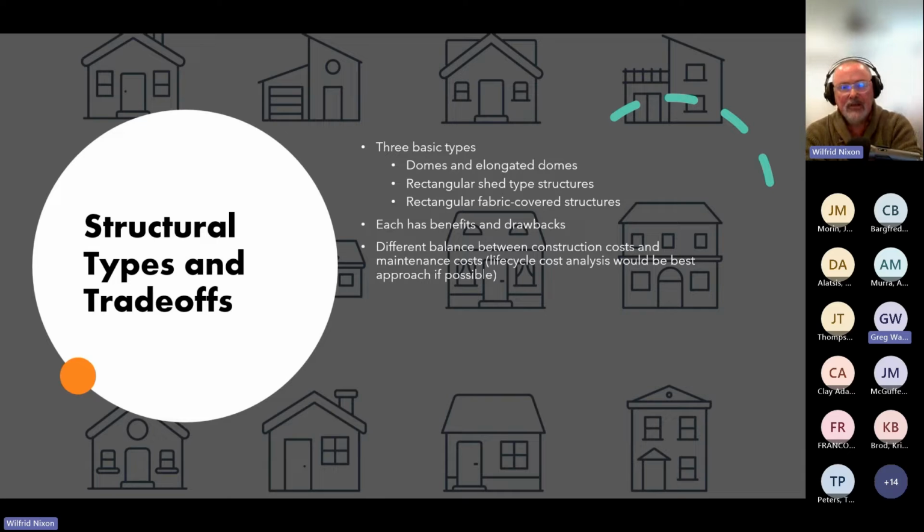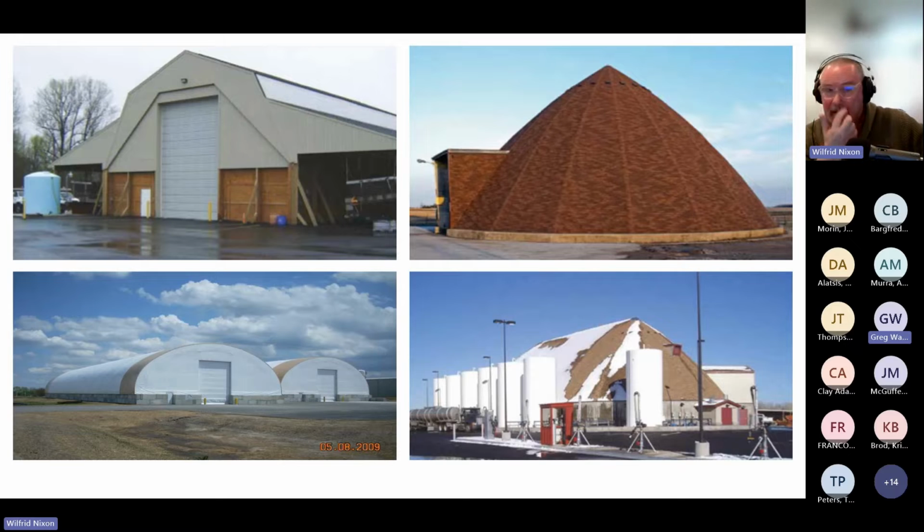As you might expect, each has benefits and drawbacks, and part of those are the balance between construction costs and maintenance costs. A general notion from the various literature was that if you can, and if your agency allows you to do so, life cycle cost analysis might be the best approach if that is an option for you to take.